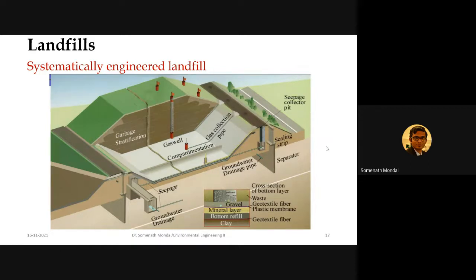engineered landfill. Now once that is ensured, we have several compartments, and at the same time we have a network of pipes. Now there are two things. One is the leachate which will be generated has to be collected, and then the gas will also be generated, because once you are closing the top, and there is no provision of oxygen entering into the system, it becomes anaerobic.